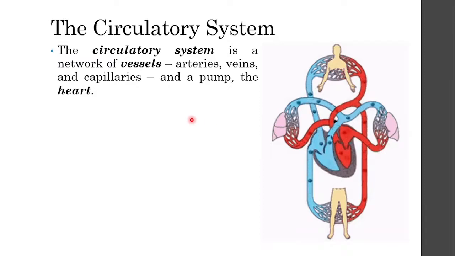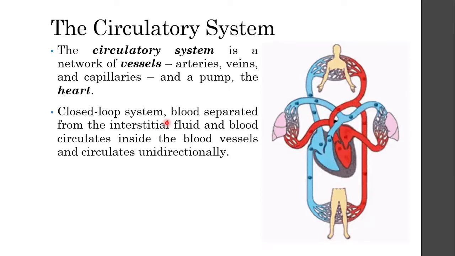One thing to note though is that ours is what we call a closed system, which means our blood is only moving through the vessels. It is not outside our body coating our organs, which means the interstitial fluid which surrounds the cells and our organs is not mixing with our blood.